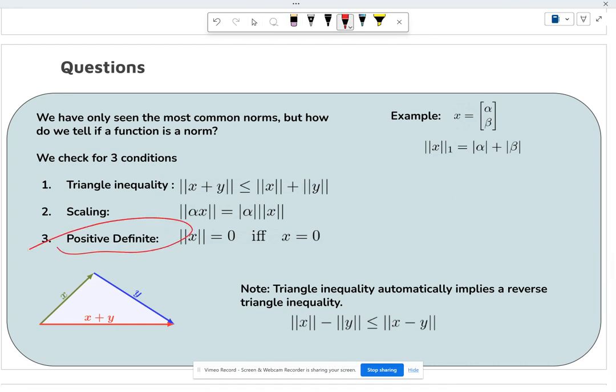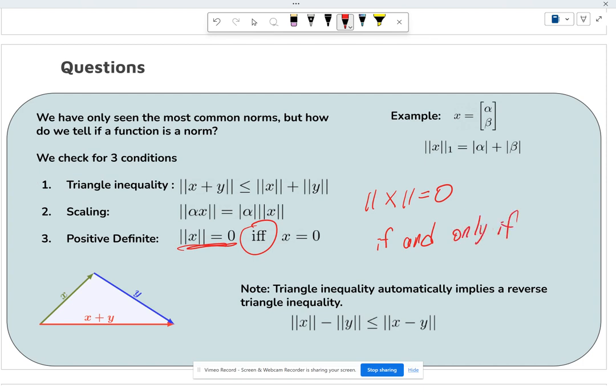A third property is positive definiteness. It says that the norm of a vector x is equal to zero if and only if x is equal to zero. So, what does if and only if mean in terms of mathematical notation?